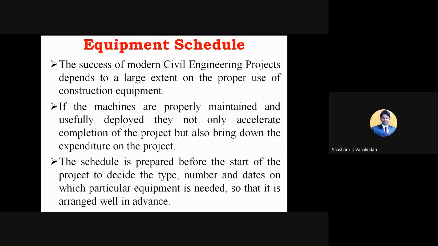Okay, and if the machines are properly maintained and usefully deployed, they not only accelerate the completion of the project but also bring down the expenditure on the project. You might ask, if you use equipment instead of manpower, usually the cost will be more, but here I say you can even bring down the expenditure. That is what you get when you compare with respect to work as well as duration.